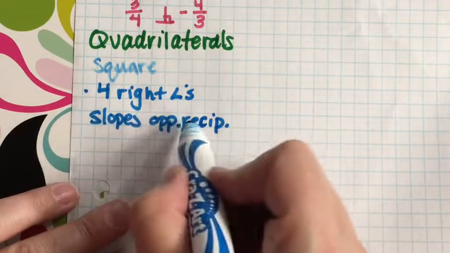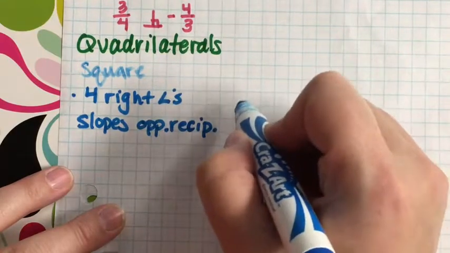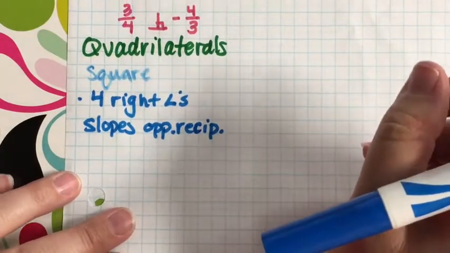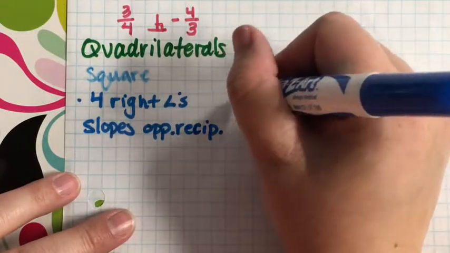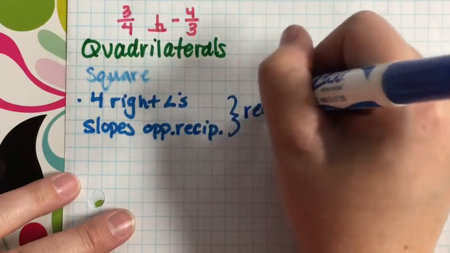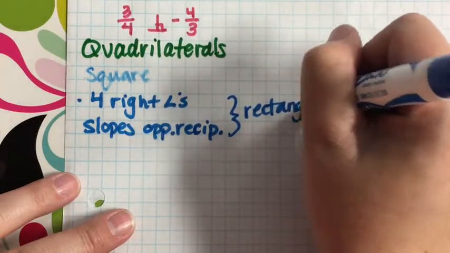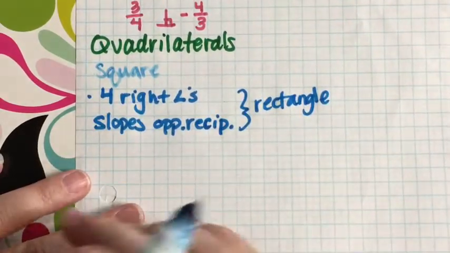But even if you had just opposite reciprocals, that could also be... what else has 4 right angles? A triangle? Okay. A rectangle. So these could also be a rectangle, which is okay.